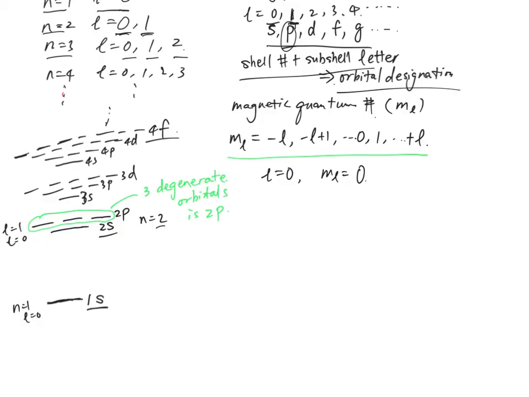And how does that reflect on the orbital scheme we've drawn here?